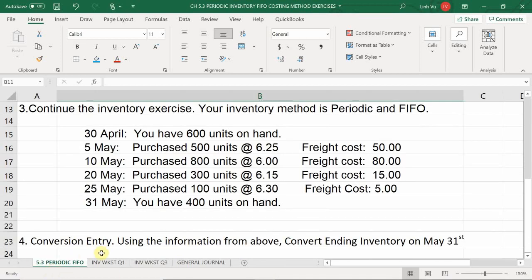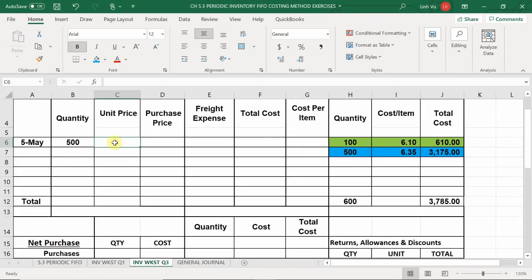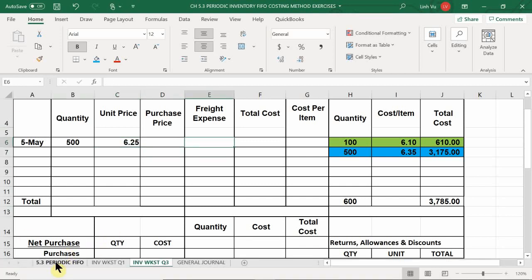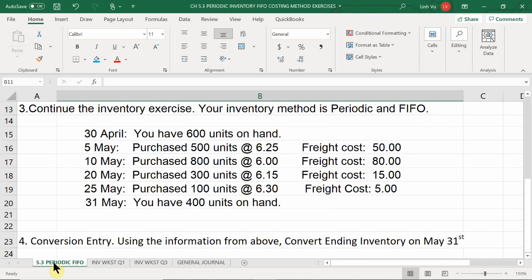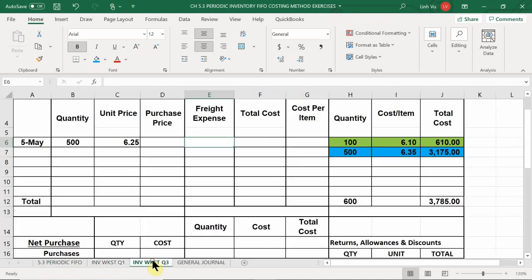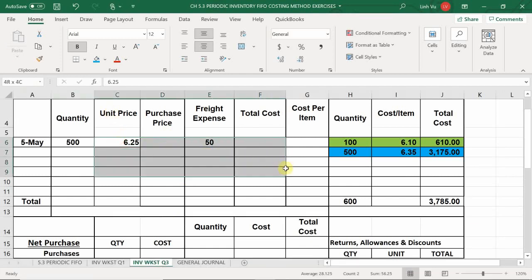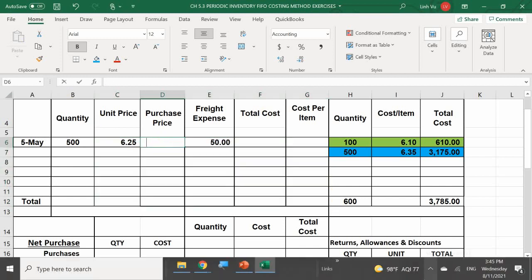What's my total cost going to be? $3,175. Good. I add my freight of $50 to this to get $3,175. What's my cost per item? $6.35 each. Good. Now, do you want to put a color on this or are you fine? It's okay. Perfect.